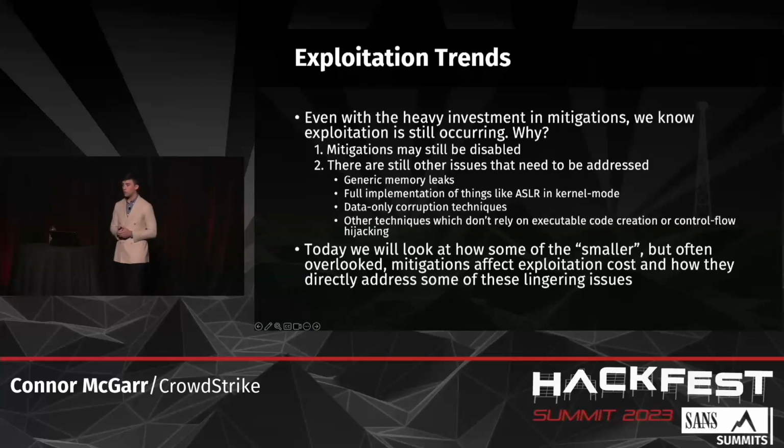What if we just want to corrupt some data structure that does something interesting that the OS gets tricked into believing maybe it's a privileged object instead of an unprivileged object? And other techniques such as that don't rely on control flow hijacking. So many of these smaller mitigations, they address these concerns, and that's effectively what we're going to be talking about today.